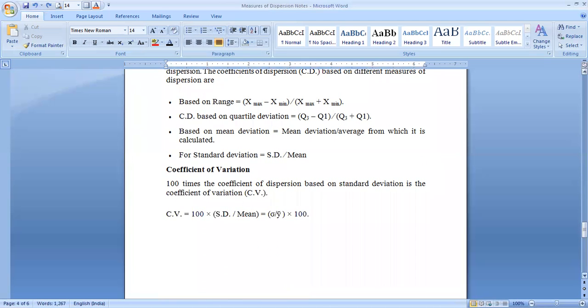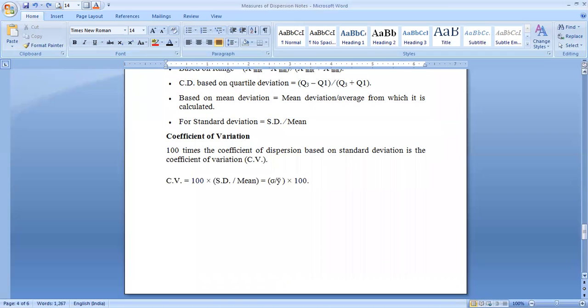Next, we discuss the coefficient of variation. 100 times the coefficient of dispersion based on standard deviation is the coefficient of variation. So when we multiply the coefficient of dispersion, taken based on the standard deviation, by 100, it is called the coefficient of variation.